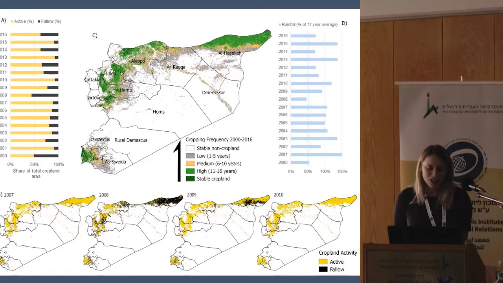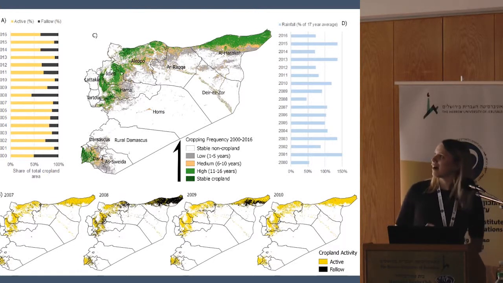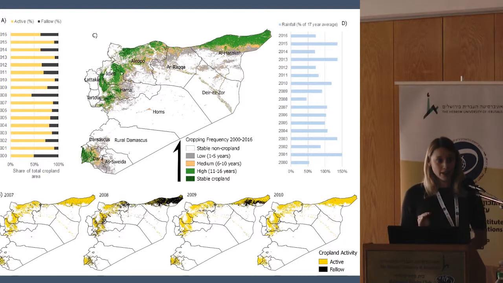There's a lot of information in this picture, but you can focus on the chart to the left, the one that says A. This is where I compare active and fallow cropland per year. So in all of Syria, how much of the land is active and how much of the land is fallow. And this is focusing only on areas that are usually used for cropland.